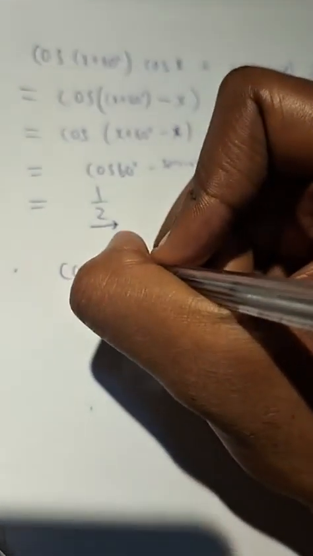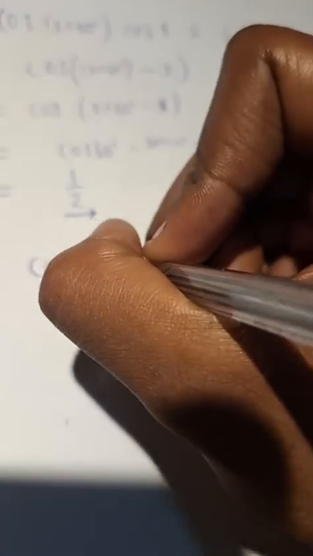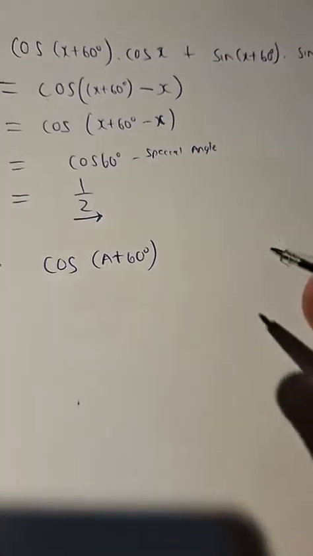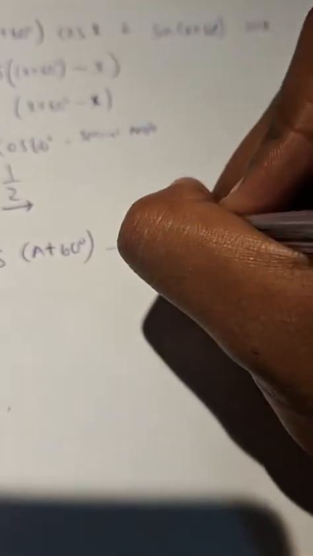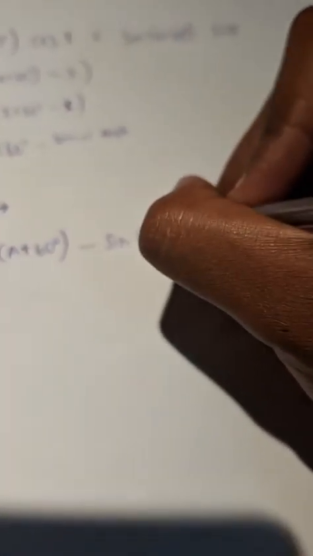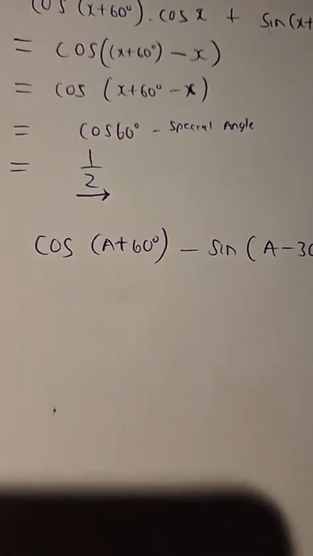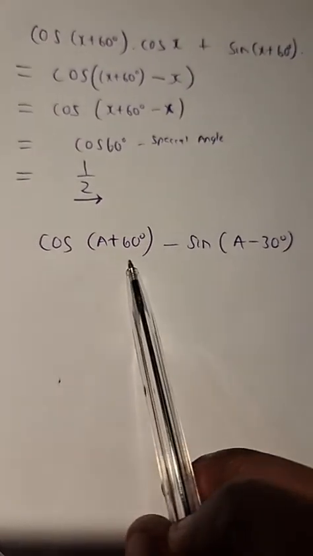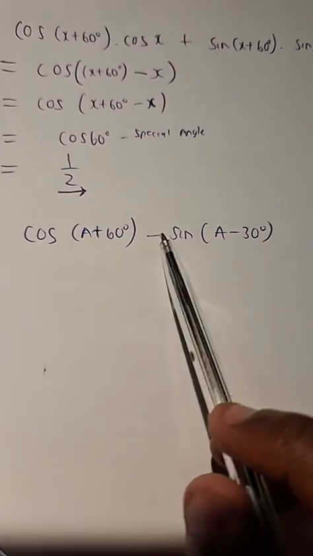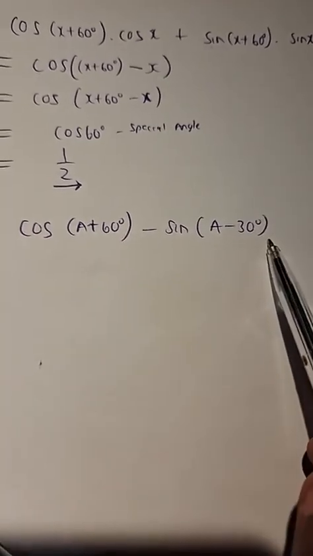Right. Let's look at another one. We are asked as well to simplify here. There it is, cos of A plus 60 degrees in brackets minus sine of A minus 30 degrees.